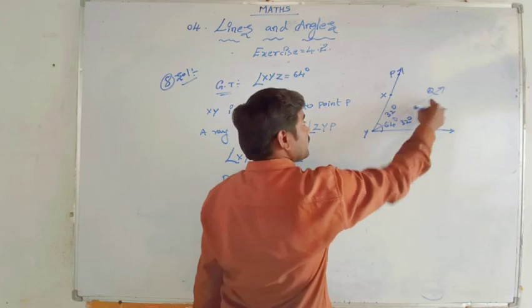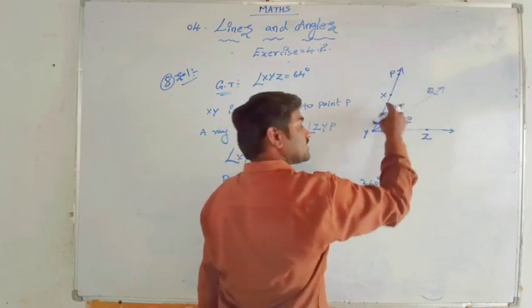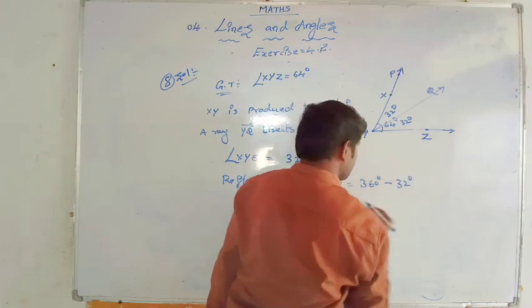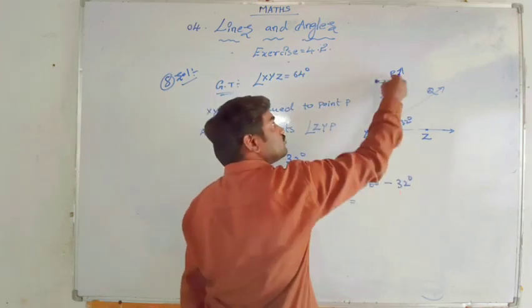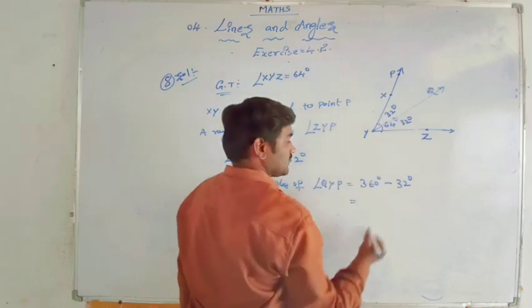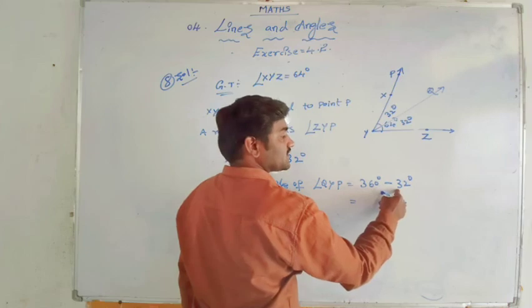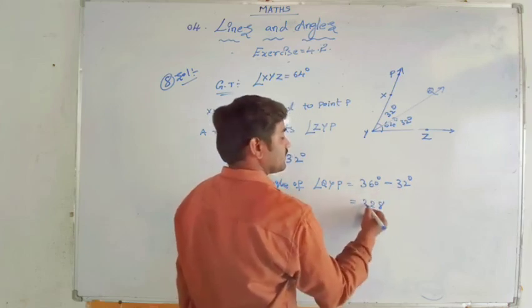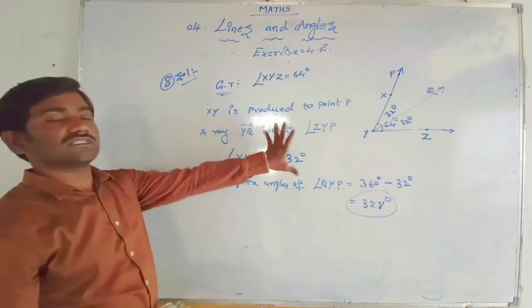QYP and QYX are both the same, that is 32 degrees. Yes, reflex angle of Q to Y, Y to P, that is 32 degrees. 10 minus 2 is 8 degrees. 5 minus 3 is 2, and 3, so 328 degrees. So this will be the answer.